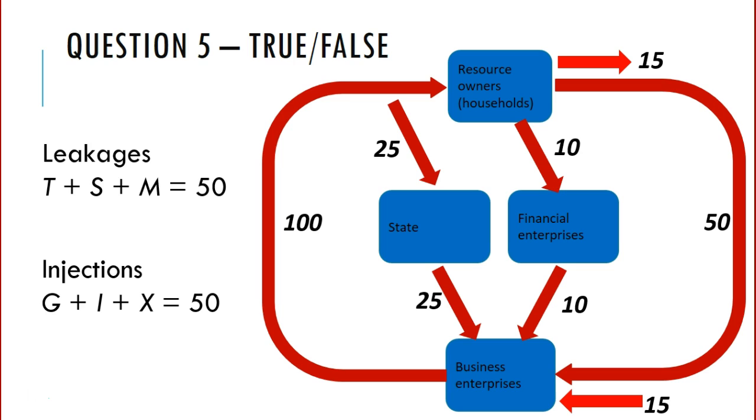So we can see that leakages equals injections. How much is being injected? How much goes back into the system after we've gone round the cycle once? We've got 50 plus 25 plus 10 plus 15 injected back in. So what happens? That re-injects 100 back into income for the households, and then the whole thing just starts again. And then it goes around again, 100 injected back in, and so on. In this case, we would say the economy is in equilibrium. It's kind of like in stasis.